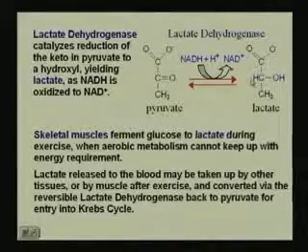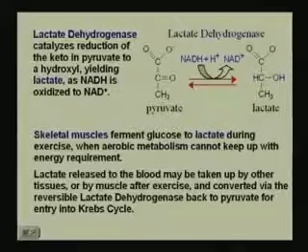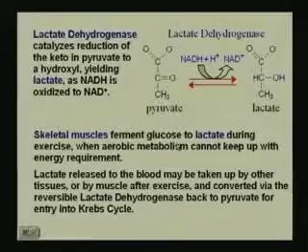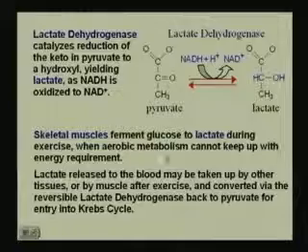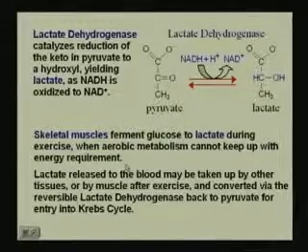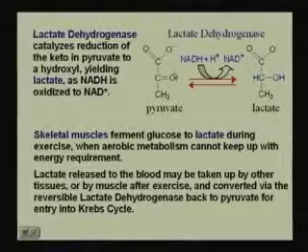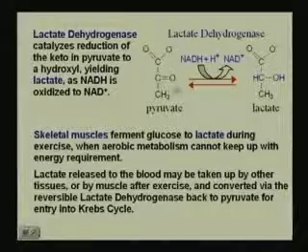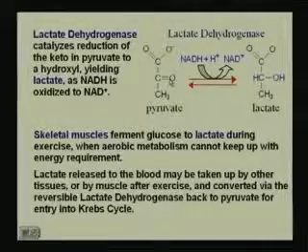Again, it's a redox reaction, so the enzyme is going to be a dehydrogenase, right? Now, for example, this is what happens in skeletal muscles that ferment glucose to lactate during exercise when aerobic metabolism cannot keep up with the energy requirement. So what happens is there is a reduction of the keto in the pyruvate, okay, and this reduction will eventually do what? Oxidize NADH to NAD+, okay.